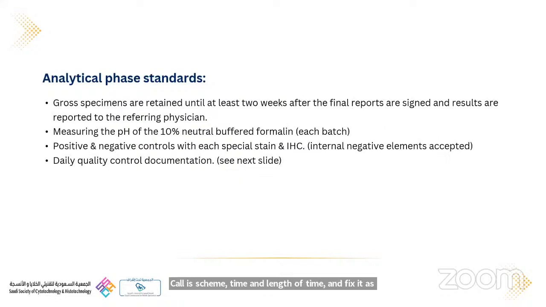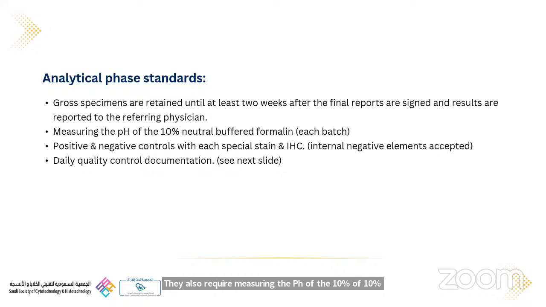Gross specimens are retained at least 2 weeks after the final reports are signed and results are reported to the referring physician. This is from the CAP itself, that please maintain your gross specimen until 2 weeks after the sign out of the patient. They also require measuring the pH of the 10% neutral buffered formalin for each batch.